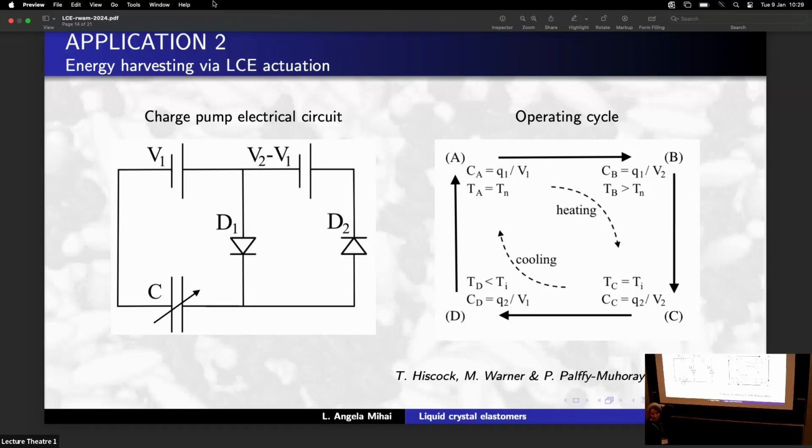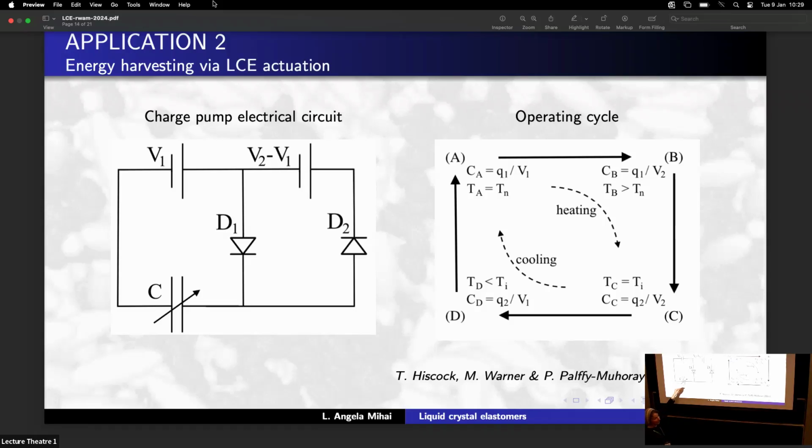It indicates a battery. It's an initial battery that has a voltage V1. What we try to do is raise the voltage V1 to V2 using a variable capacitor. The diode just works as a switch. In the electrical circuit, the electricity can only flow in one direction.